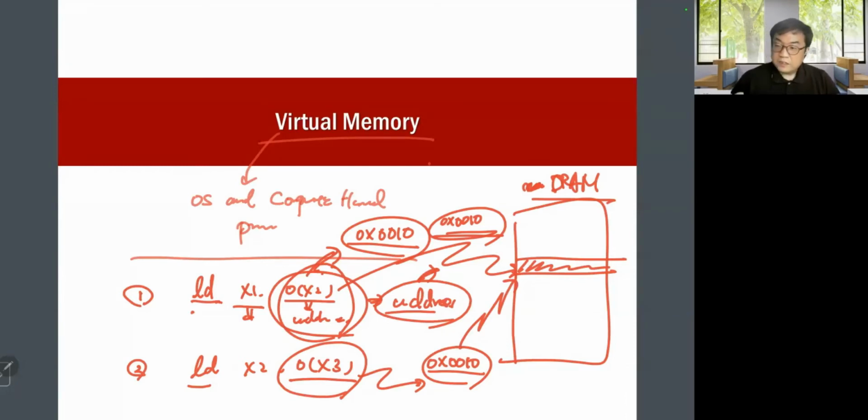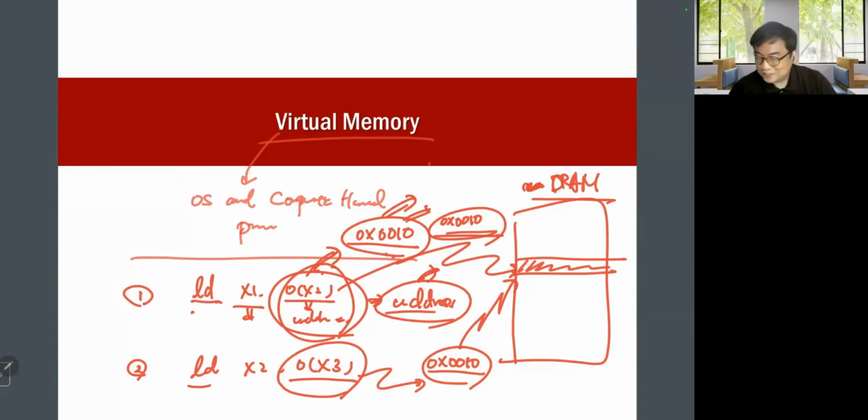If different applications access the main memory using the real memory address, then when the program is compiled by the compiler, the compiler needs to know the real physical address of this target data.